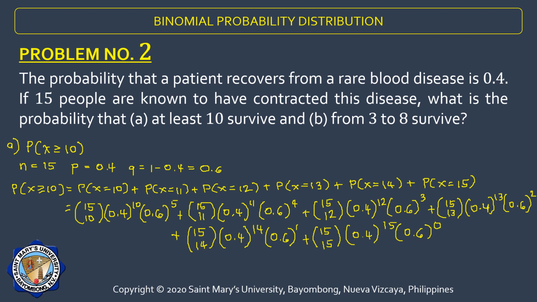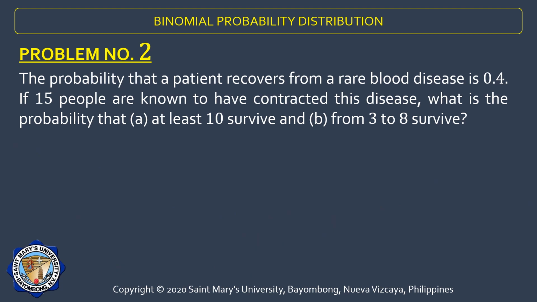So, using your calculator, you input all of this directly, your probability of x greater than or equal to 10 is equal to 0.0338. Okay, so the probability that at least 10 survive is 0.0338.